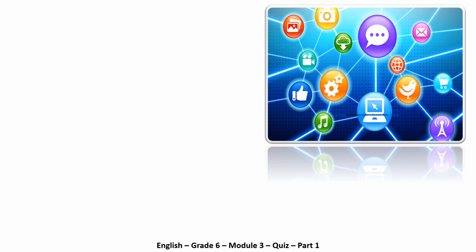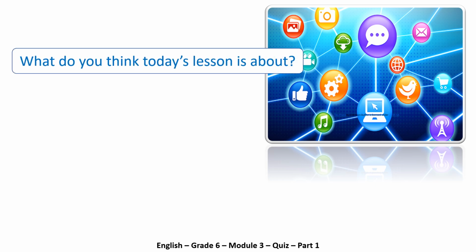Let's start with this picture, and let me ask you, what can you see on it? Thank you. Some of you will say, I see icons. What icons? Facebook like, gallery icon, camera, settings, and so on. So, if we start our lesson today with a picture like this, what do you think today's lesson is about?